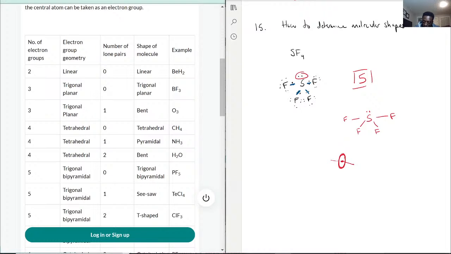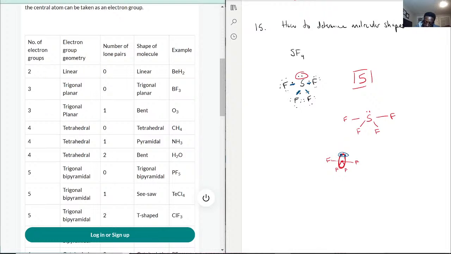So we have 1 fluoride there, 1 fluoride there, the 2 fluorides there. Because remember, this is a 3D shape, and up here you would have your lone pair.